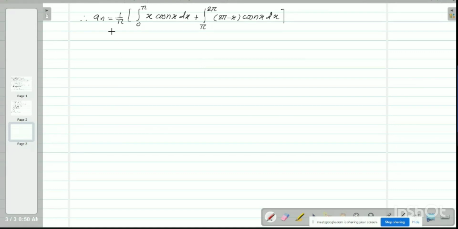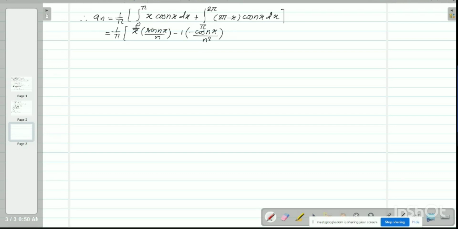Now what is our job? To integrate this. So this is equal to 1 upon pi. Here we will use generalized integration by parts. So x is u, second is v. x times the integration of v, that is, the integration of cos is sine nx by n, minus the derivative of this, that is 1, times the integration of sine, which is cos nx by n, so n square.